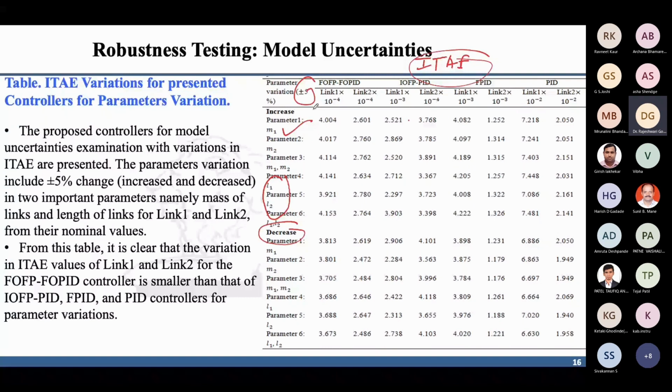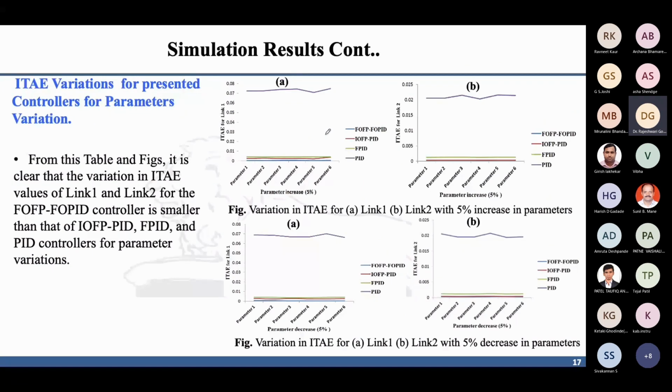Here you can see the pictorial representation of changes when we change the mass of the link. Again, the change in the proposed controller is lesser, while the PID controller has major fluctuation, and fuzzy also, but in this case we are getting very little fluctuation. So this is one of the robustness testing analyses we have done.